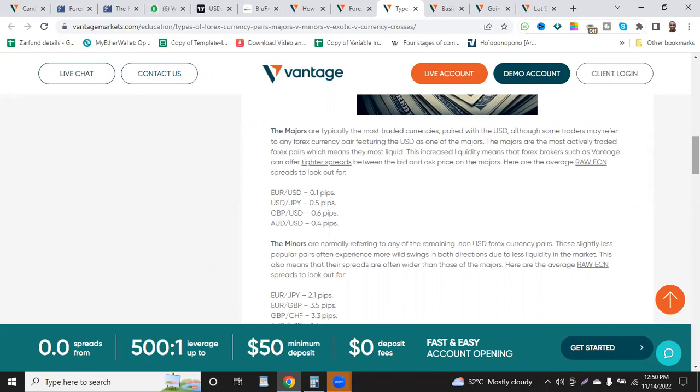Now, if you've heard of spread before, or if not, spread is basically the cost of transaction for every trade that you take. So when you trade on Vantage Markets, which is our broker here, you pay a spread wherever you're trading.